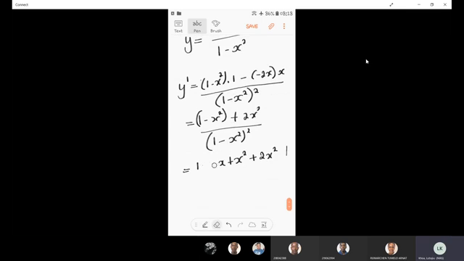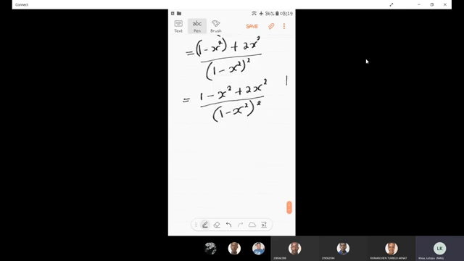So that is the way it's supposed to be. And then what I have is 1 minus x squared plus 2x squared over (1 minus x squared) squared. And then this is equal to 1 plus x squared over (1 minus x squared) squared.